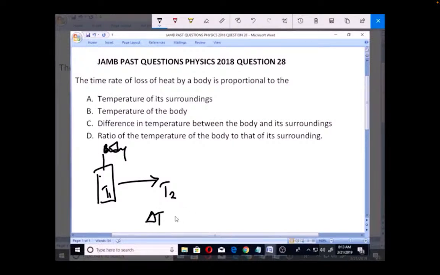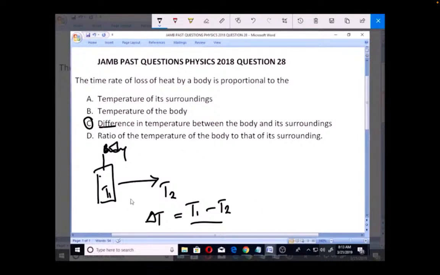Change in temperature, that is temperature gradient. That is the difference between the temperature of the body and that of the surrounding. That difference is what ensures loss of heat. And that makes C the right answer.